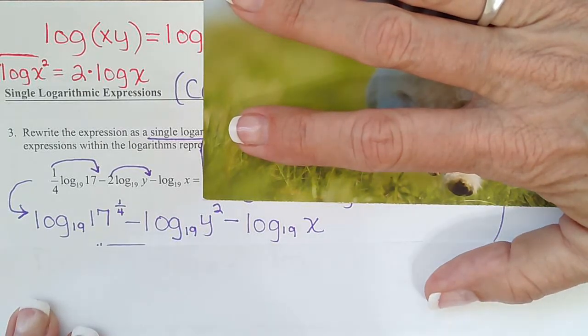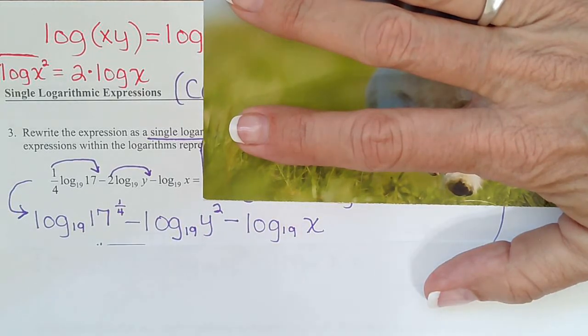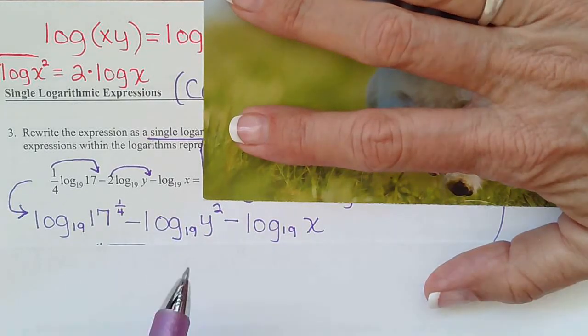Okay, and then you have to remember something I just told you on that last problem we did right before the video stopped. I told you if anything has a negative sign in front, that means it goes in the denominator. It's following the rule of negative exponents.